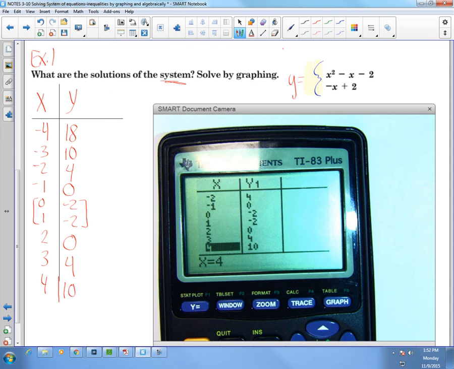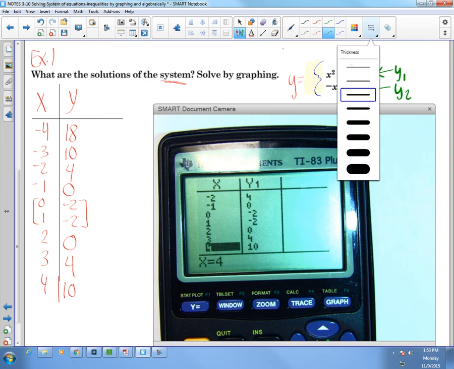Okay? If you want to take a different color, if you're going to do that one in regular pencil, take a different color. The first line is y1. This one I'm going to do as y2.